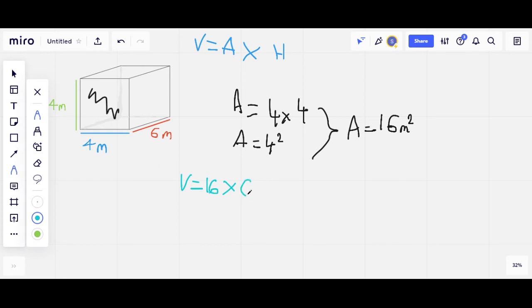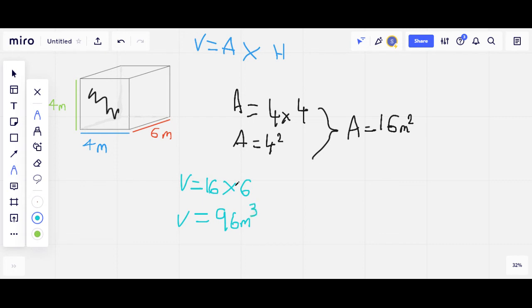Sorry, just 6 meters. From here, we just simplify. 16 multiplied by 6 gives us 96 meters. And now with volume, we actually use cubed.